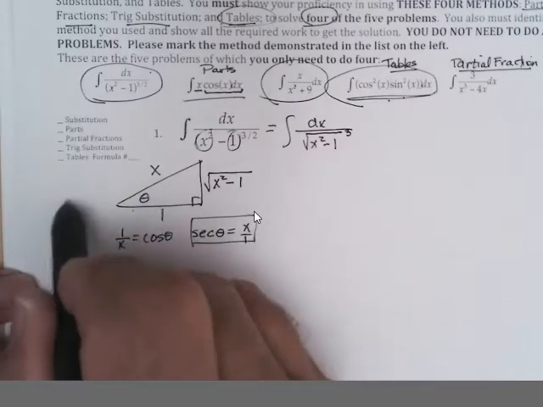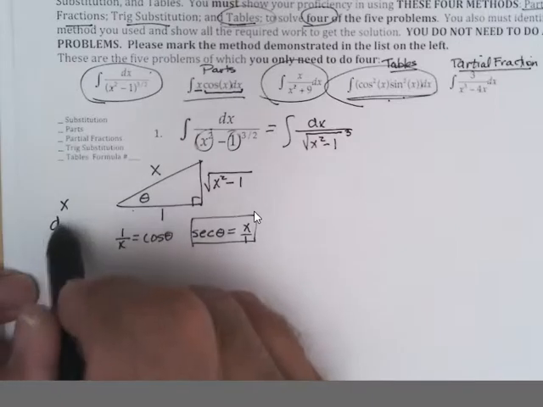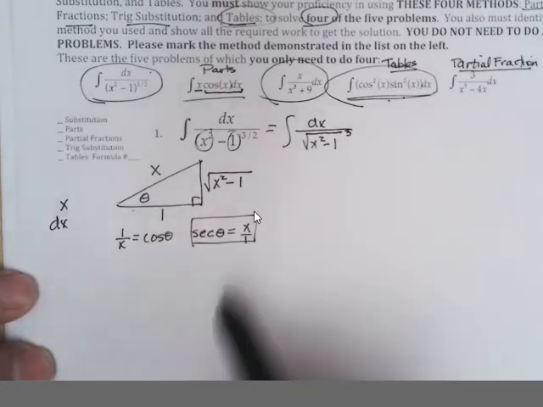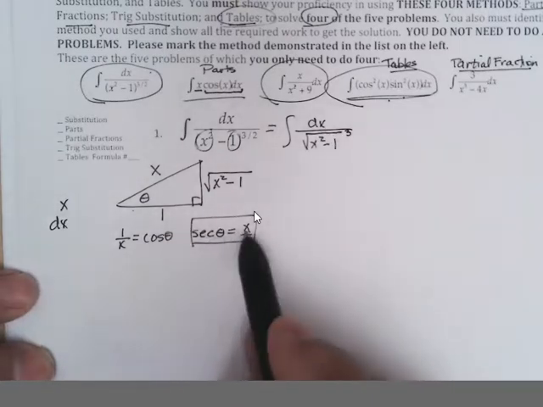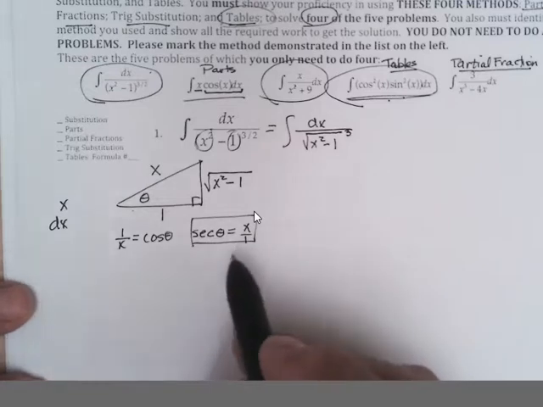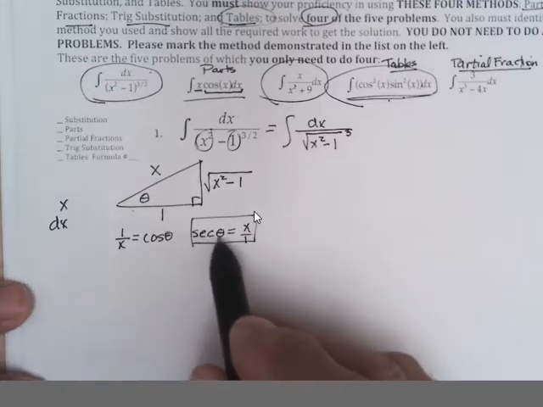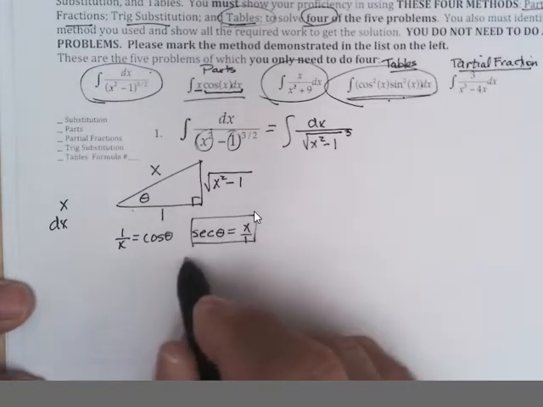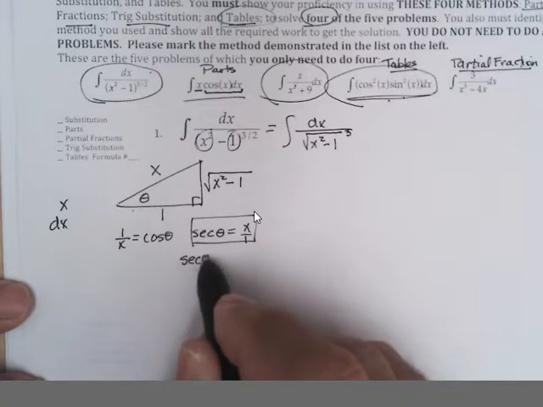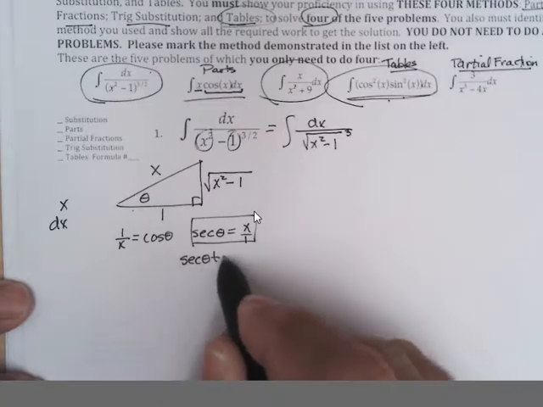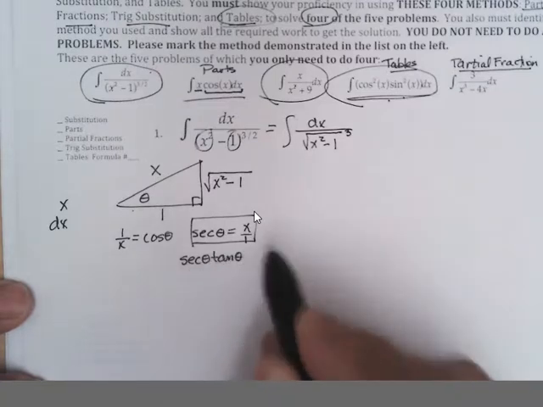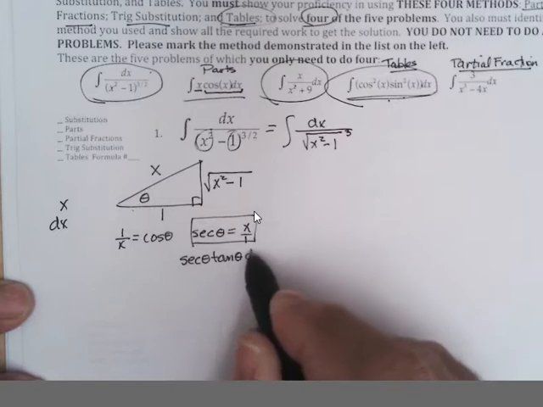Okay, so this gives us a value for x. You want a value for dx, because we have dx. So what's dx? Well, we take the derivative of both sides, and some of you were sloppy. Derivative of secant of theta is secant theta tangent theta, but you're taking the derivative, so it's d theta.